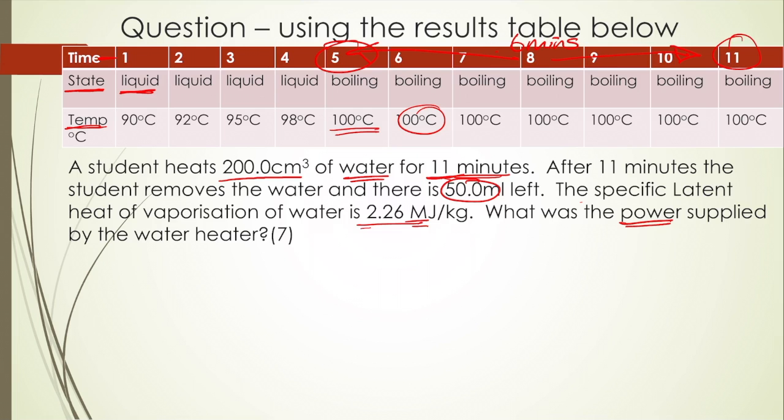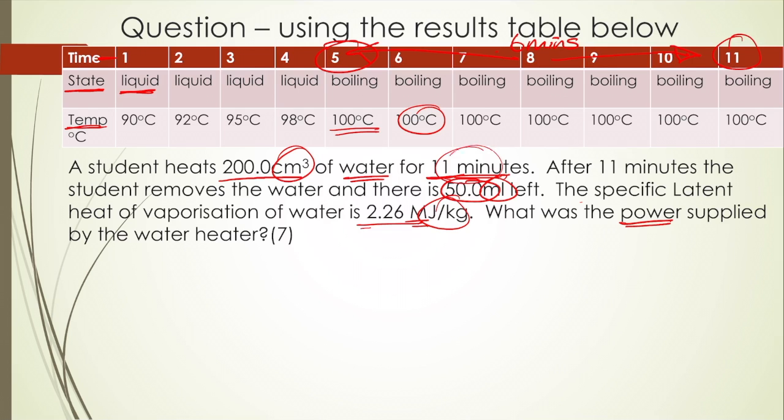The specific latent heat of vaporization of water is 2.26. We've got some different units going on, four different units, and they're not what we want them to be.